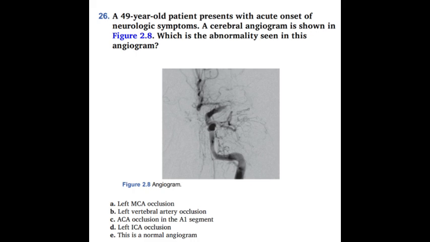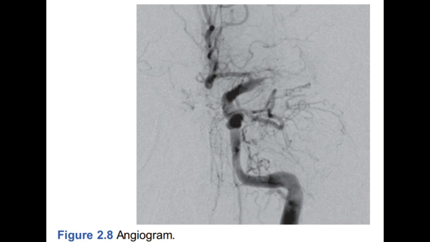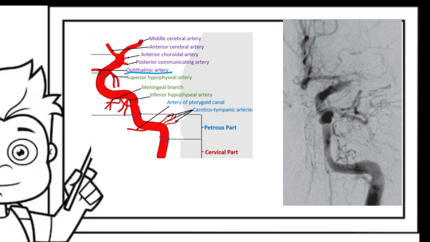The answer? This is a left MCA occlusion. Let us explain. The catheter angiogram shows no contrast filling beyond the main trunk of the left middle cerebral artery, and this confirms an MCA occlusion. The internal carotid artery fills normally up to its terminus, and if you take a look at this, you can see that we have here the petrous portion of the internal carotid artery.